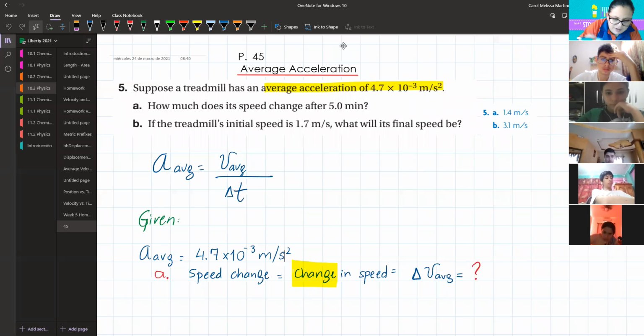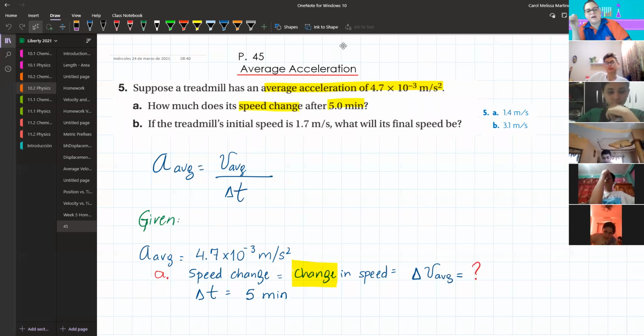Now, what else does the problem give me? It says after 5 minutes, so the time, delta t, is 5 minutes. What you have to know is that everything that is not given in meters or in seconds should be converted.